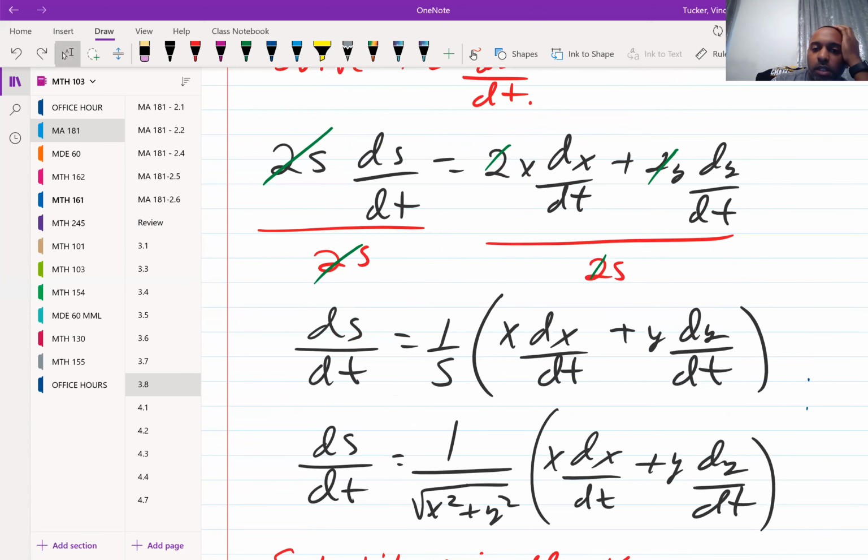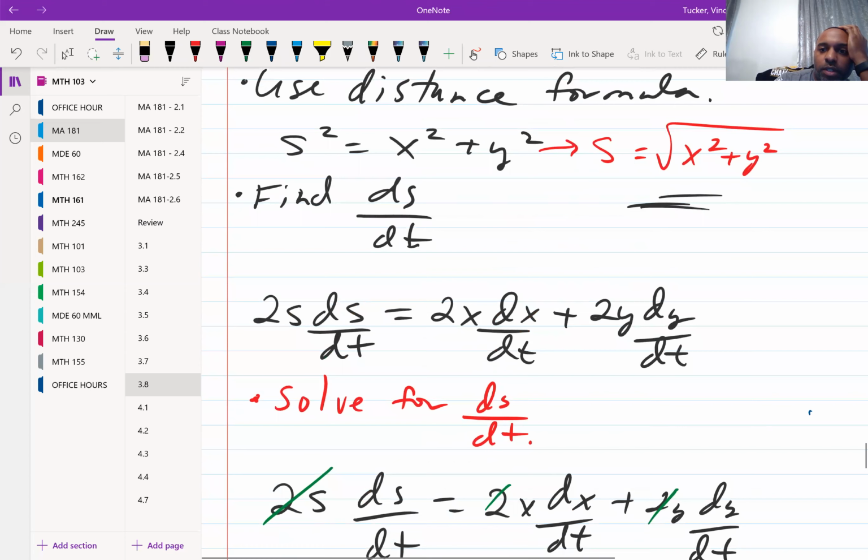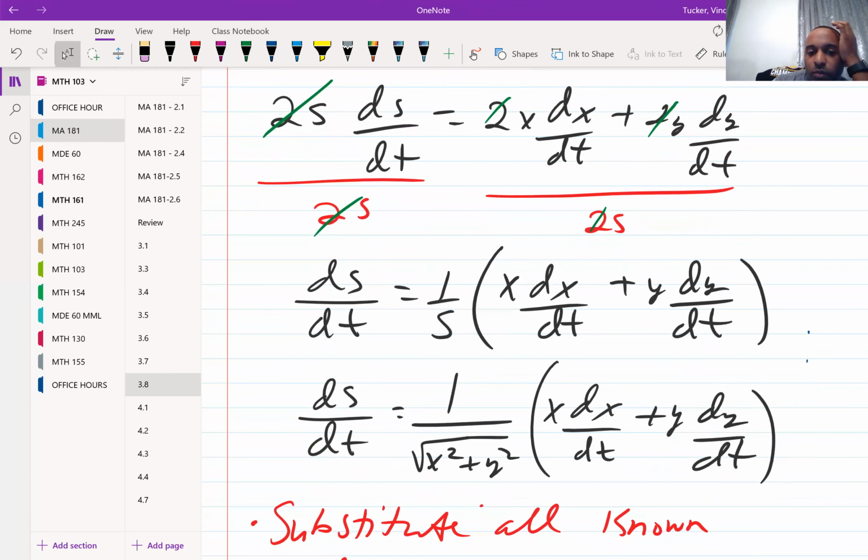All right. Then I substitute in for s, and that goes back to this relationship, just to get rid of s. On the right side, we have 1 over the square root of x squared plus y squared times x times dx/dt plus y times dy/dt.